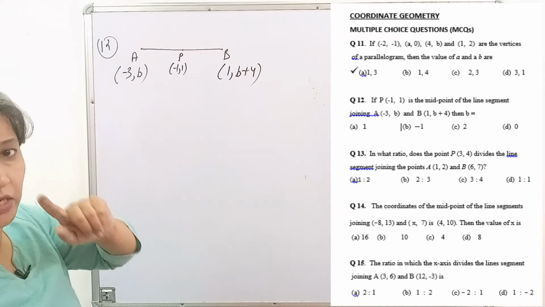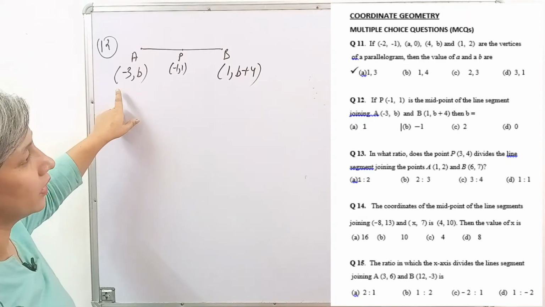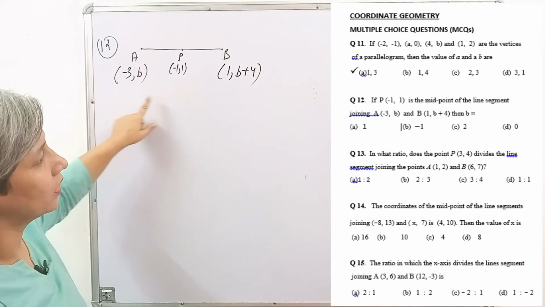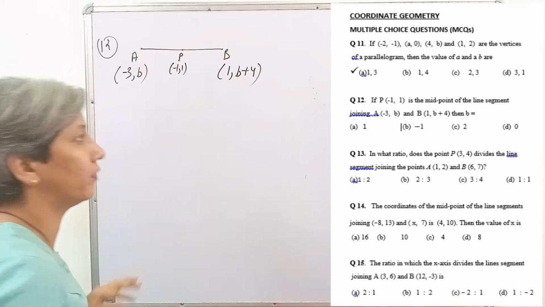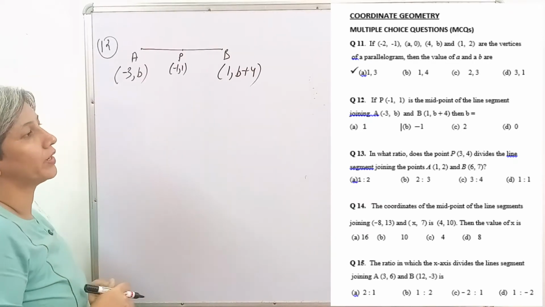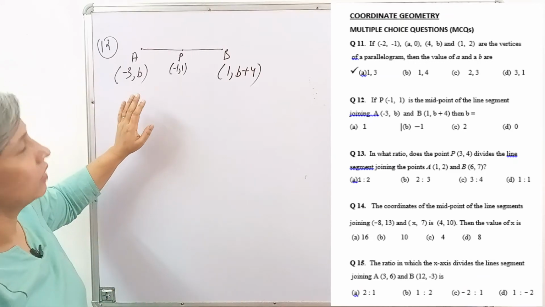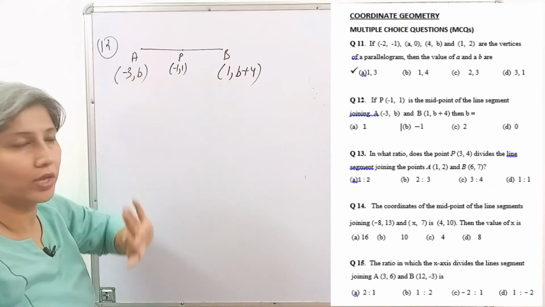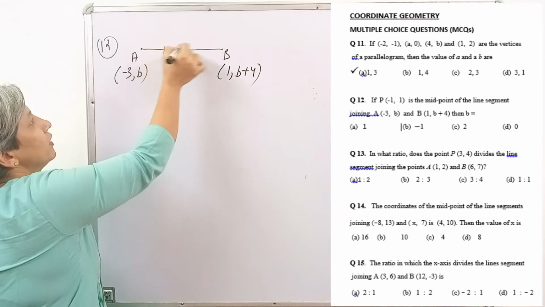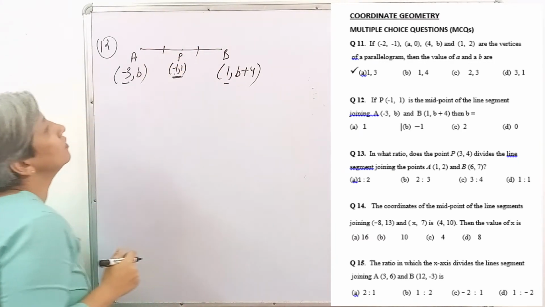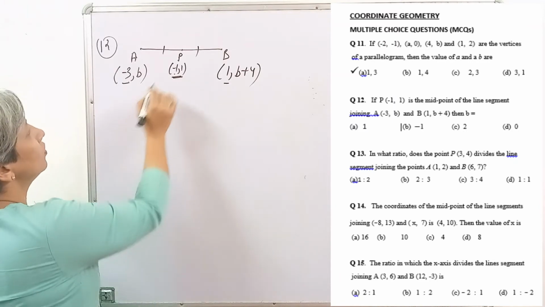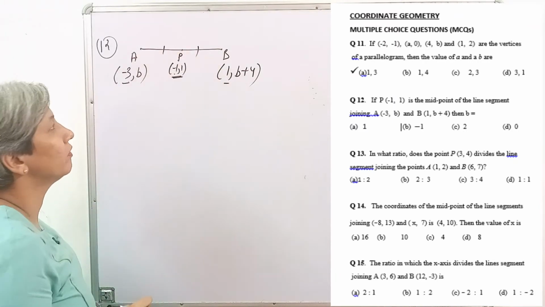I'll just check it once again. P is (minus 1, 1), A is (minus 3, b), and B is (1, b plus 4), right? So now we have to find the value of b. Okay, now we know P is the midpoint of AB, right?